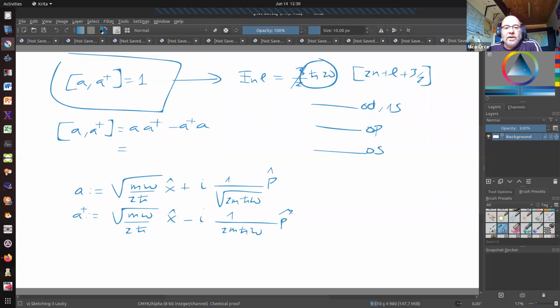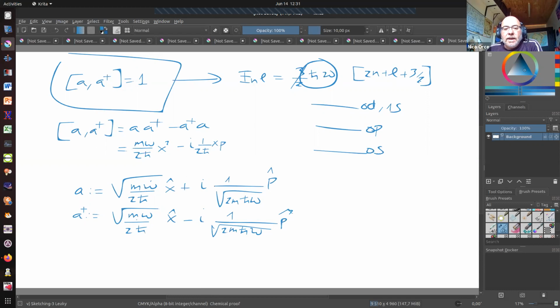A A dagger, we multiply this by this, will be m omega over 2h bar x squared. This by this will be minus i, m omega, actually this is a square root here, sorry. This is square root, which makes plus i 1 over 2h, because the m omega goes away, xp.